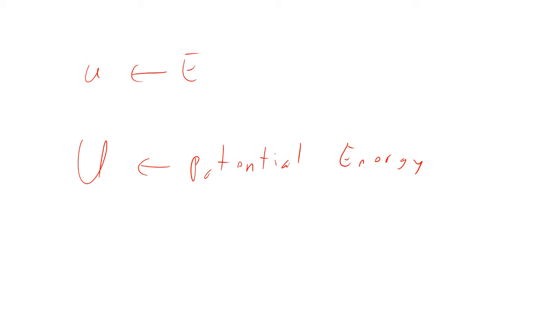It turns out that we talk about the energy density. The symbol we use for energy density, and I hate this, is a lowercase u. Don't confuse that with a capital U. Capital U is the potential energy. The lowercase u is the energy density.